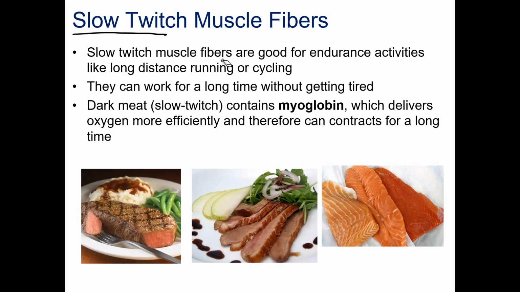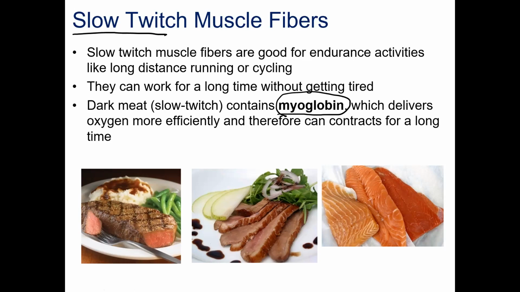The reason they are dark is because they contain a special type of molecule called myoglobin, and the myoglobin allows oxygen delivery to be more efficient, so that you don't have to go into fermentation. You're going to be able to contract continuously without getting tired. So muscles that are required for endurance are going to have a high percentage of slow twitch fibers.